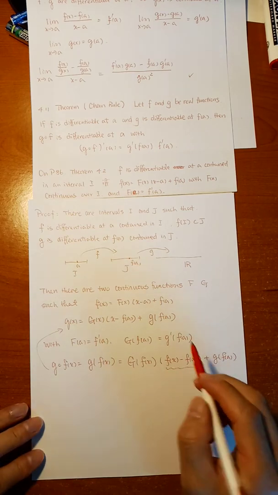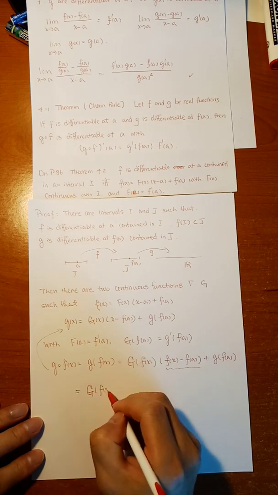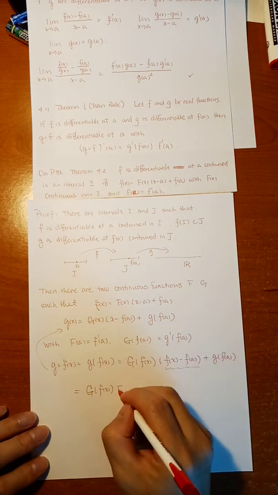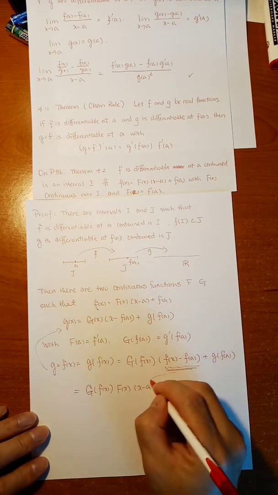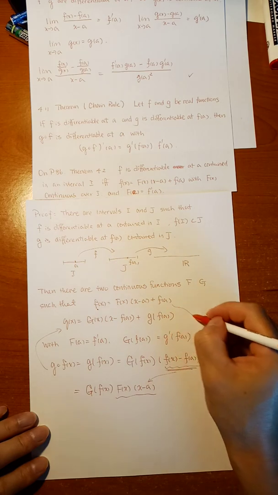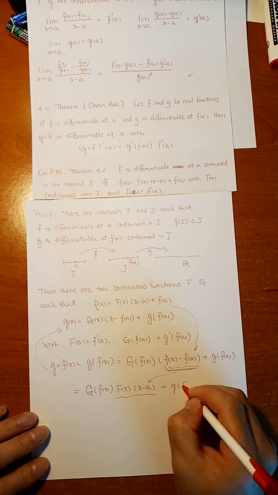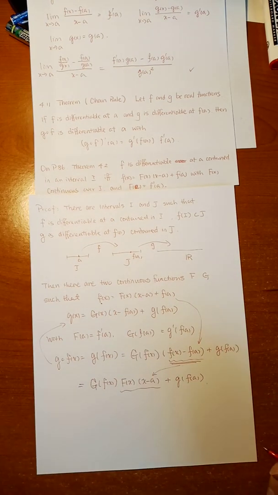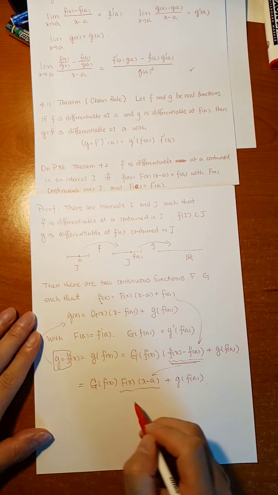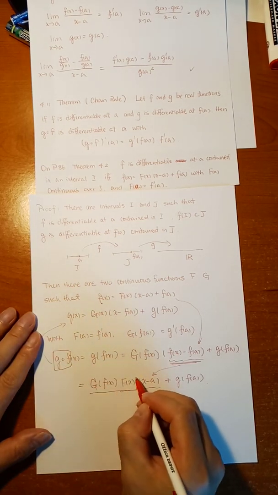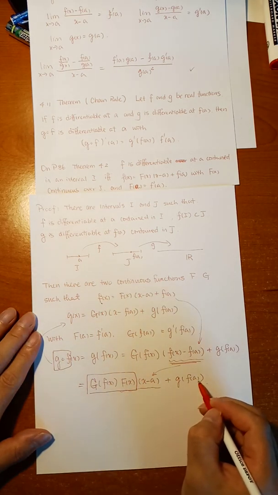And f(x) minus f(a) is equal to capital F(x) times (x minus a), which comes from this condition. So the composition g compose f is equal to this continuous function times (x minus a) plus the composition at a.